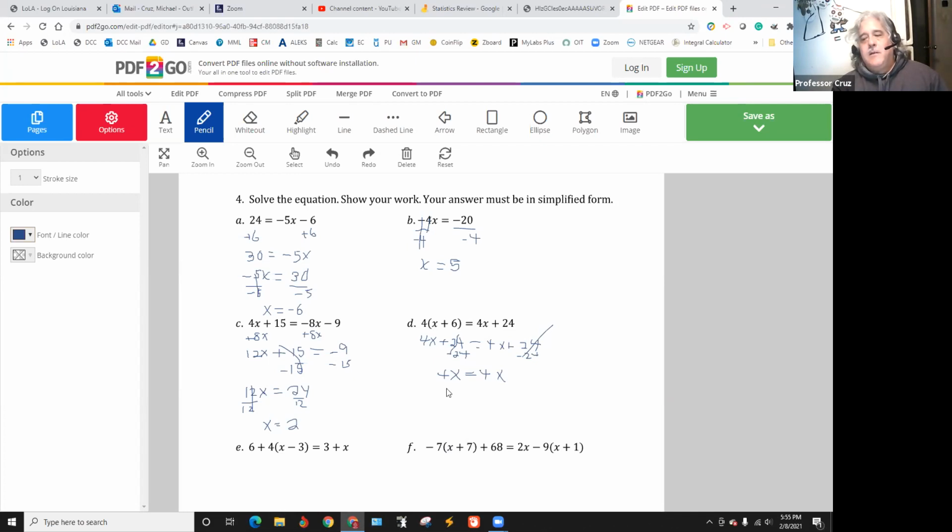So see, now we got a true statement. Now, if you don't notice that and you try to isolate, you're going to end up with 0 is equal to 0. If we had taken the step earlier up here, we would have had 24 is equal to 24.